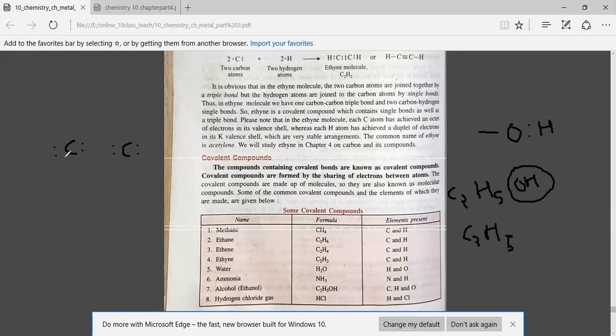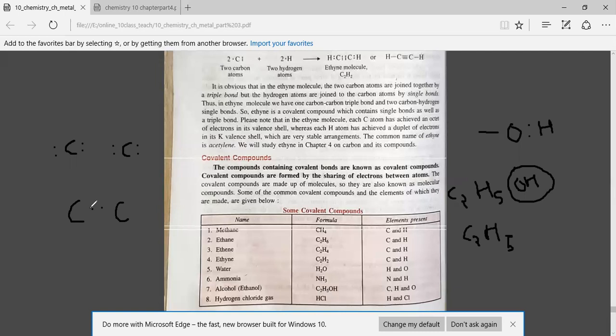So we can make the arrangement so that this carbon combines with three hydrogens, and this also combines with three hydrogens. If this carbon is combining with three hydrogen and this carbon is also combining with three hydrogen, then we are left with only one electron. So the carbon atom will share only one electron.